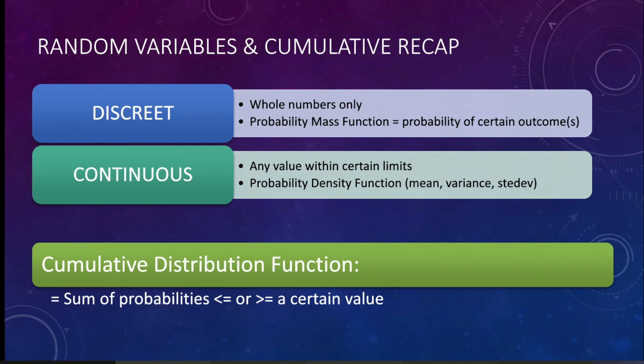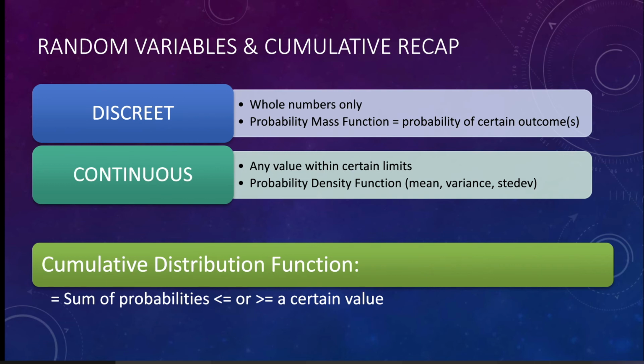It's going to be now a distribution. So we're going to start with random variables. A discrete random variable is a whole number only, and it's generally used with probability mass functions, so the probabilities of certain outcomes, while continuous variables are any value within certain limits, and they are usually used with probability density functions relying on the mean, the variance, and the standard deviation.